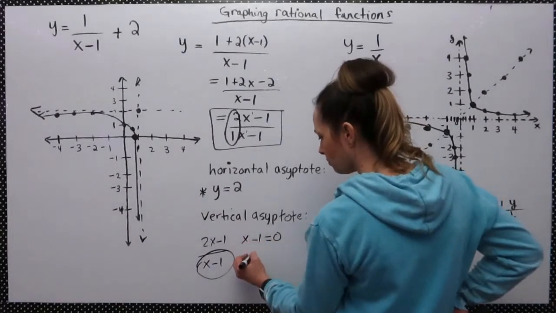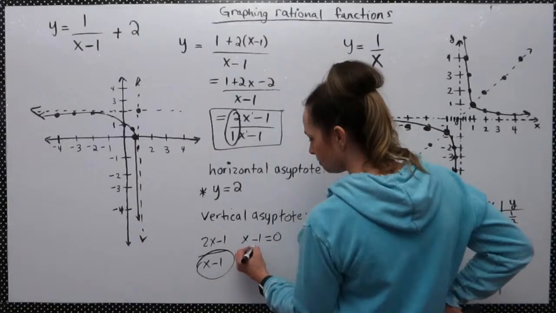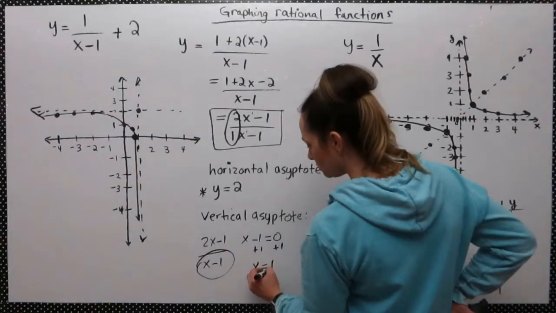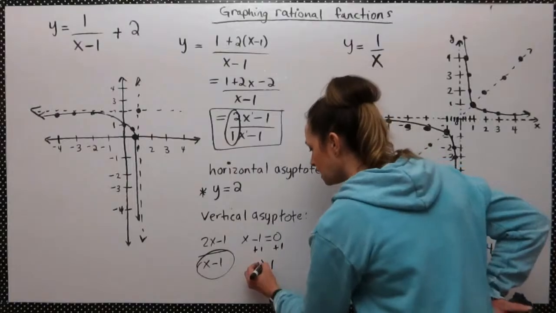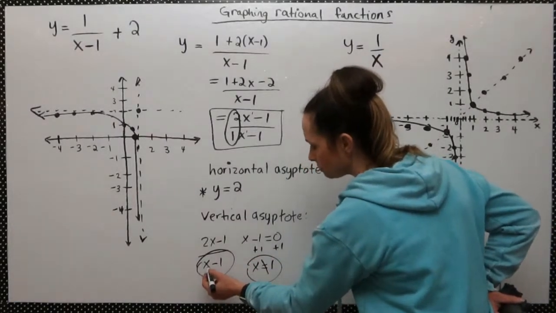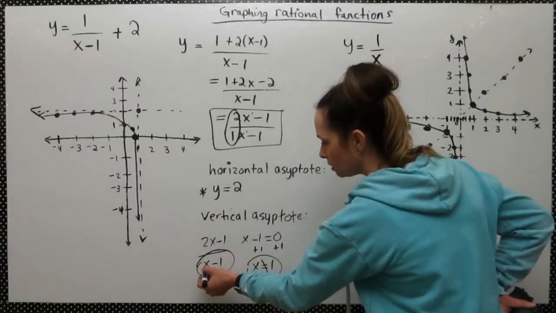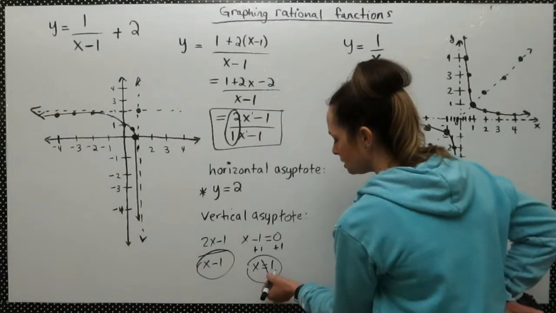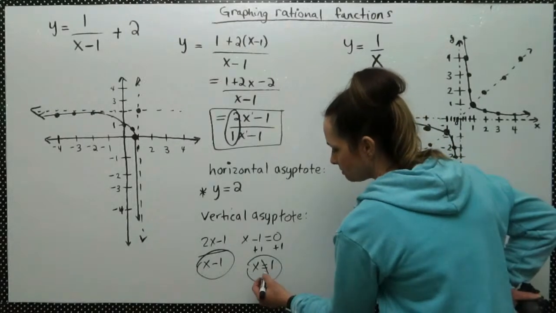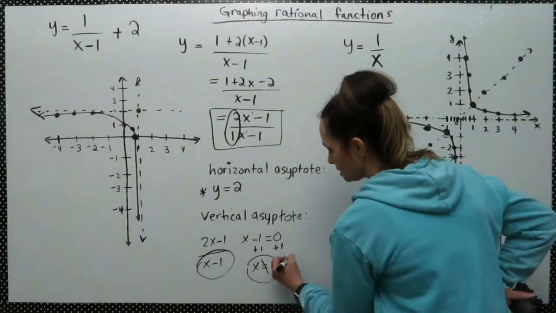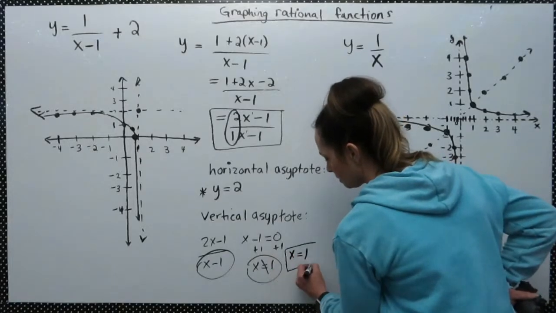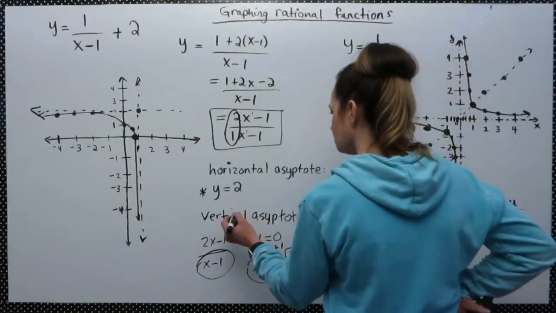Solve that by adding 1 to both sides, and you get x equals 1. So x cannot equal 1 because that's what's forcing your denominator to be 0. You plug in 1 here, you get 1 minus 1 is 0. So your vertical asymptote is at x equals 1, and that's how you would state your asymptotes.